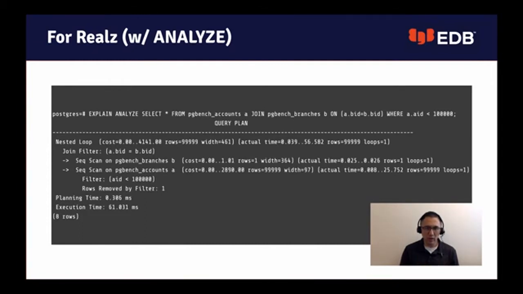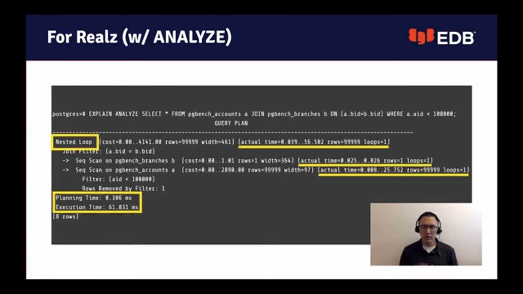So you do explain analyze. Now we see explain analyze on the same query, and we see the same plan, except not only do we see the cost that it estimated, we see the actual values: the actual time it took to perform the sequential scan and the nested loop, and the actual number of rows it encountered during each operation.